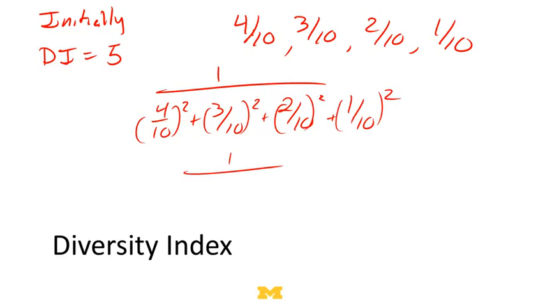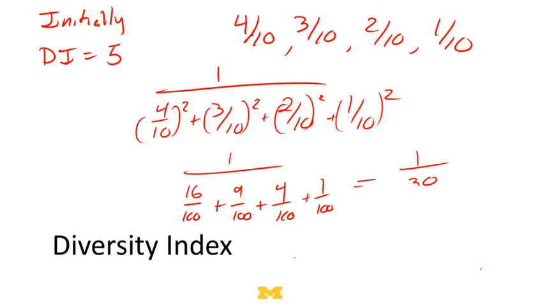And that's going to equal 1 over 16/100 plus 9/100 plus 4/100 plus 1/100. So that's equal to 1 over 30/100, which is equal to 100/30, which means that now our diversity index is 3 1/3.